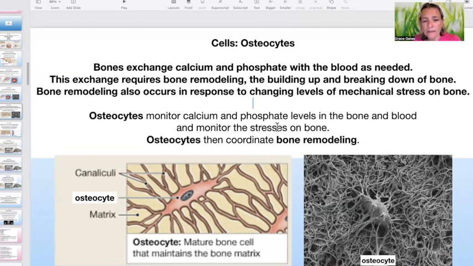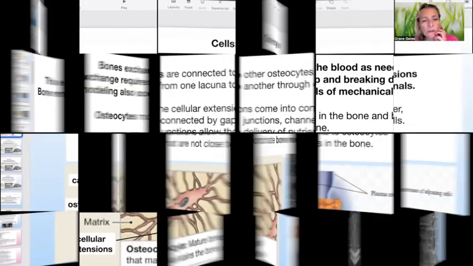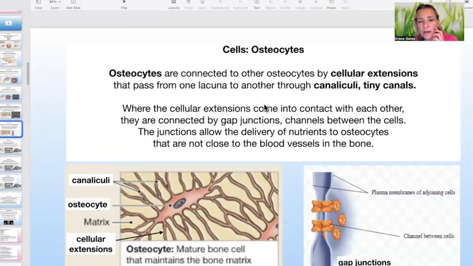Osteocytes monitor calcium and phosphate in the bone and in blood, and also monitor stresses on bones. Osteocytes then coordinate bone remodeling when it is needed for any reason. Osteocytes are connected to other osteocytes by cellular extensions that pass from one lacuna to another through canaliculi, which are small canals.